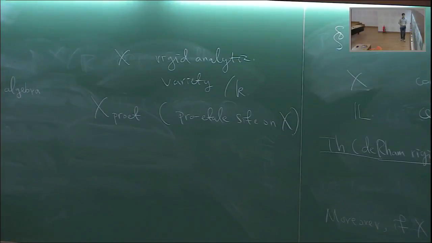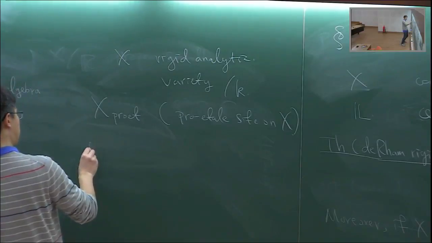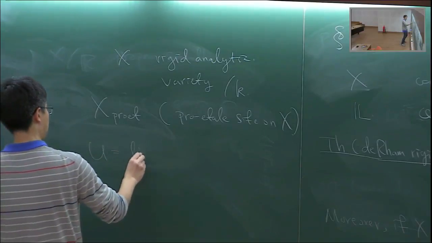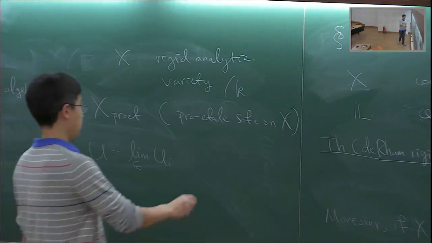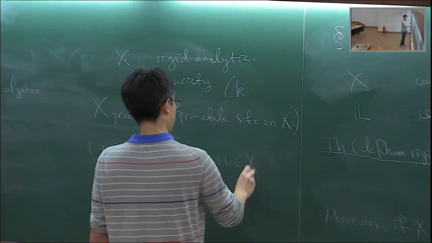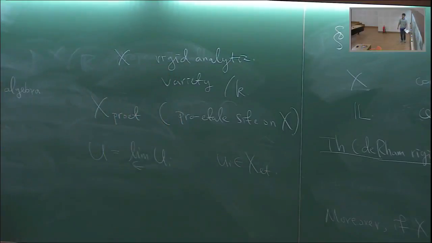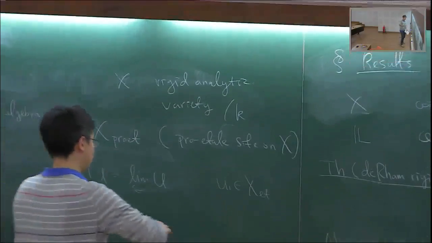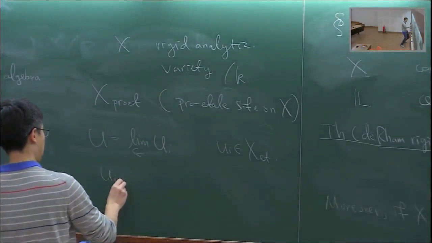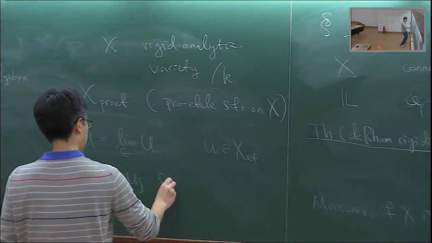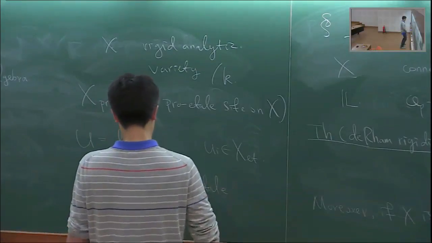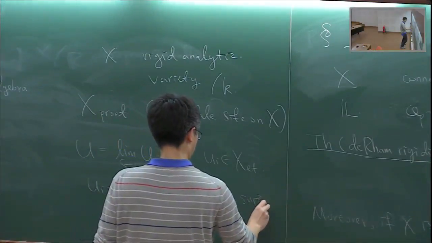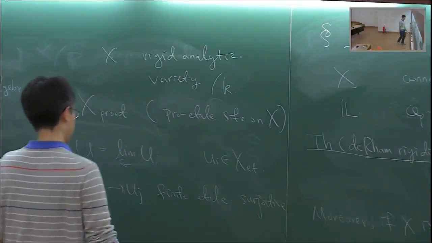So the typical element in this pro-étale set is like this: U equal to the inverse limit of Ui. Each Ui is in the étale set of X. And moreover, the connecting maps, Ui to Uj, eventually become finite étale surjective if j is sufficiently large.